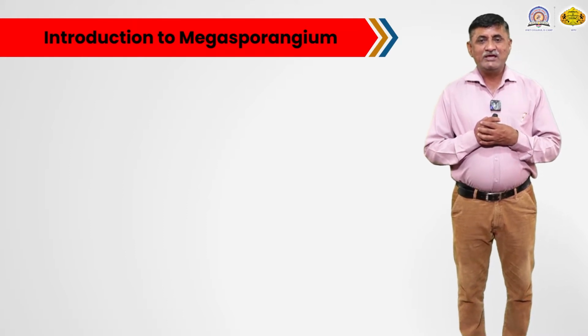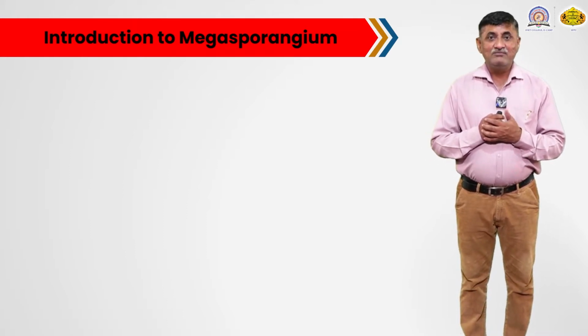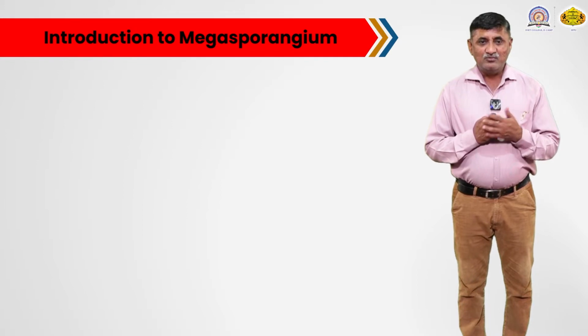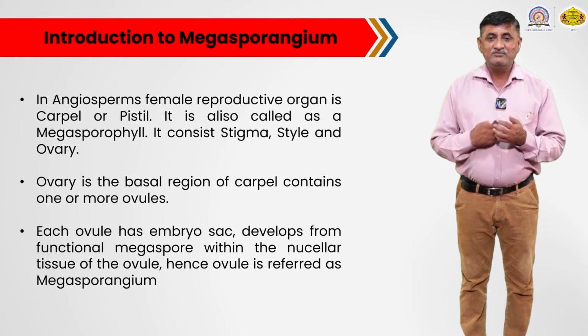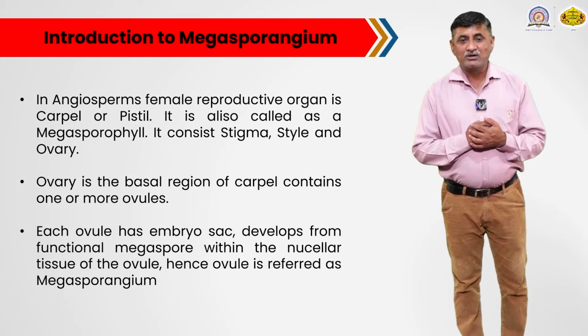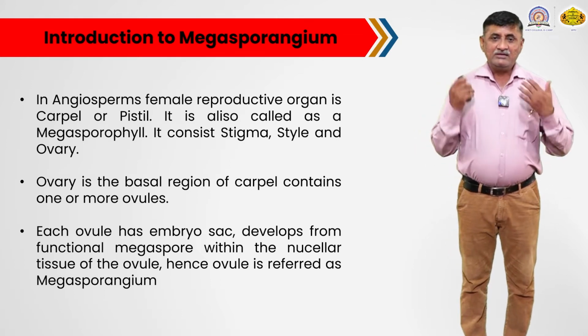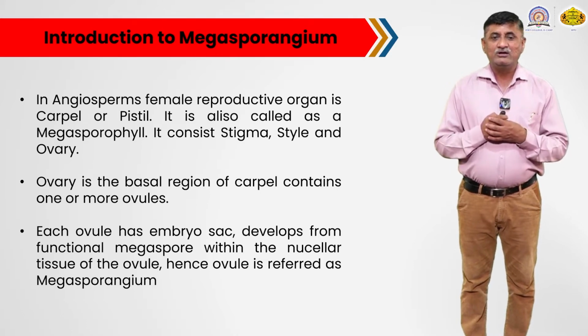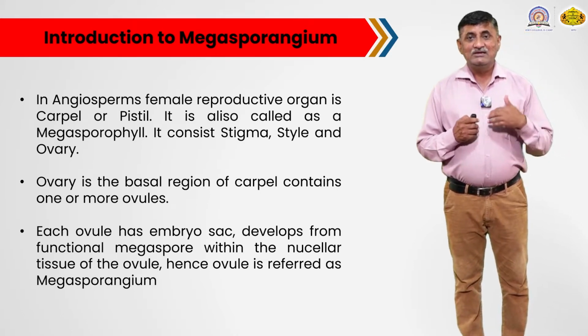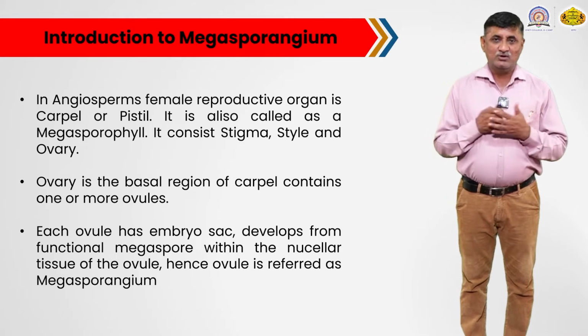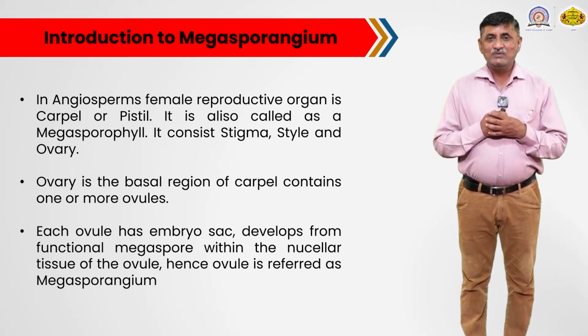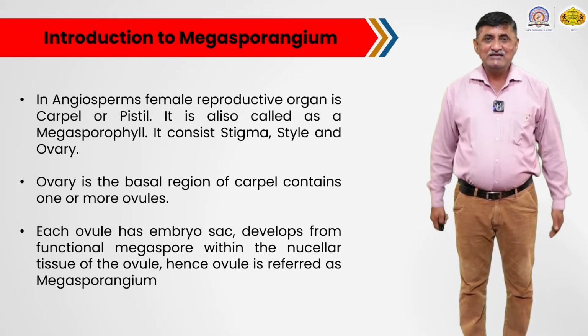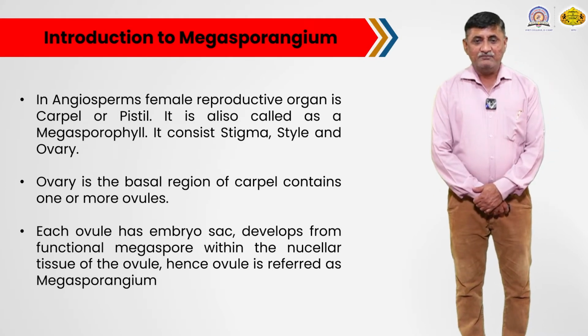The microsporangium possesses the male reproductive structure, whereas the megasporangium possesses the female reproductive structure. In the angiospermic flower, the female reproductive organ is the innermost or last whorl, and it is recognized as a carpel or pistil.